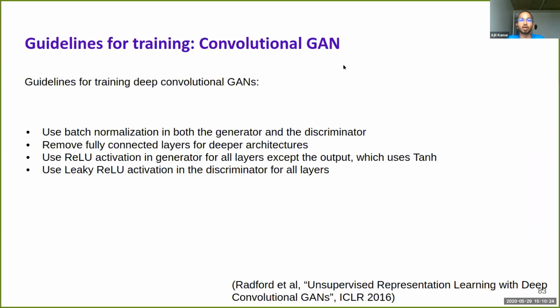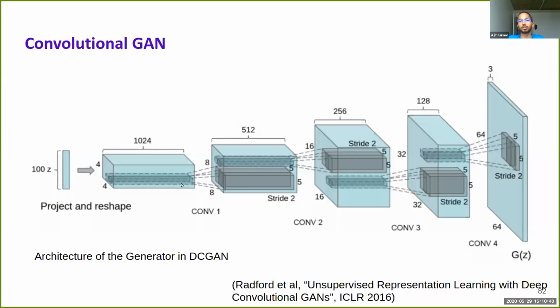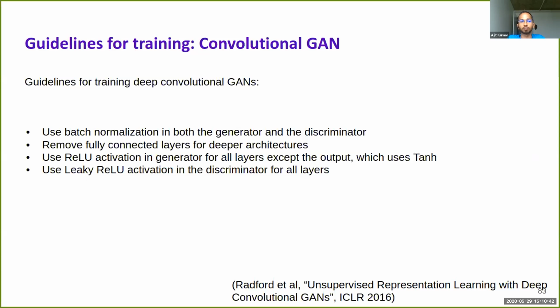For training convolutional GANs, there are a couple of guidelines: we should use batch normalization. We should not have fully connected layers because it increases the number of parameters by a lot. And there are some activation functions that you should use while using DCGANs, which are the convolutional GANs.